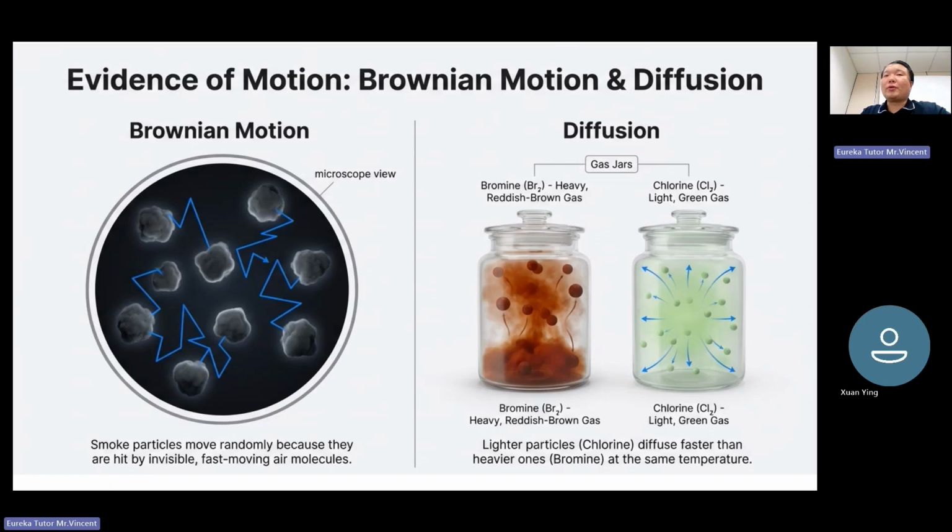So we come to the conclusion that under the same temperature, the lighter particle diffuses faster. Lighter chlorine diffuses faster than the heavier bromine at the same temperature. This is a very important statement you need to jot down. Bromine compared to chlorine: heavy versus light, reddish-brown gas versus green gas.